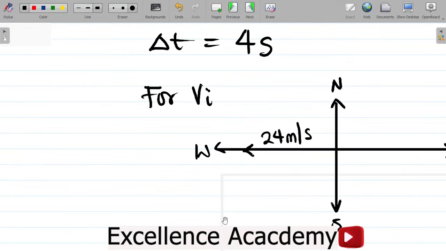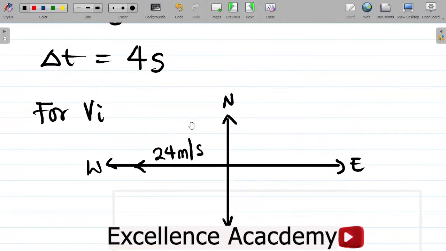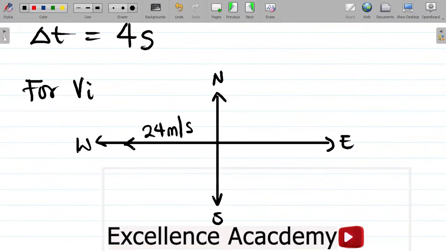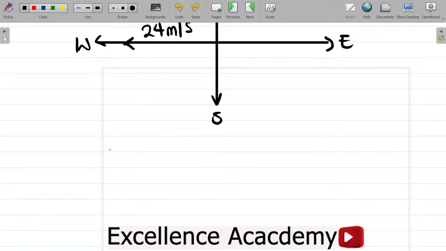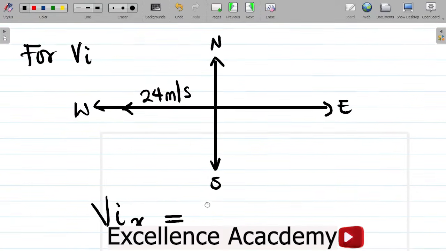If I plot this, one thing you want to note is that when a particle is moving perfectly horizontally, as in this case, it has just an x component, that's a horizontal component. So for VI, let's call it VIX, where VI is the initial velocity and x is the horizontal component. To get the horizontal component in vector form, the first thing to note is your sign convention.